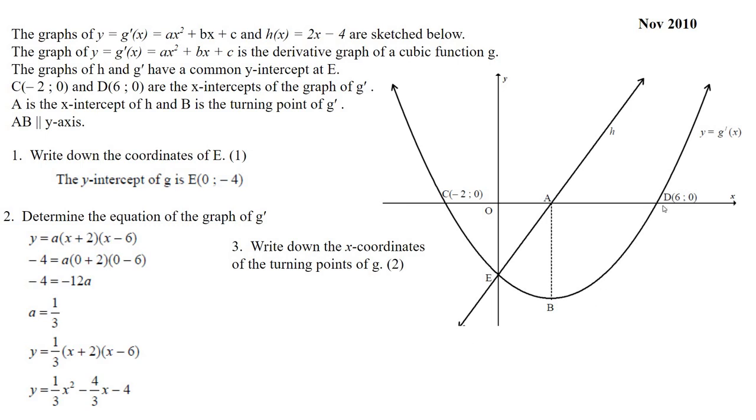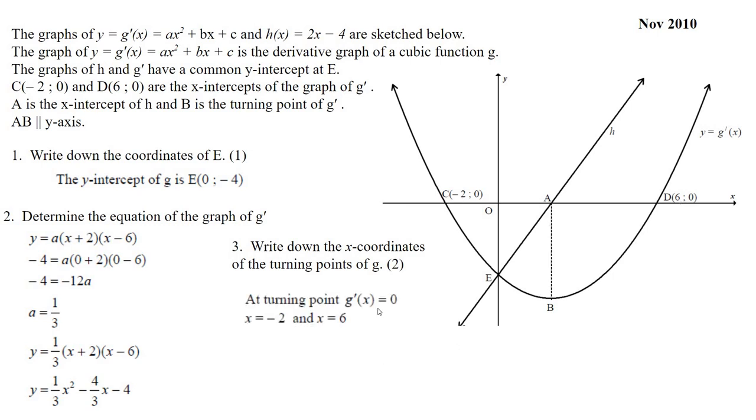Well, that's just a matter of knowing how to interpret this graph of the derivative. The x-intercepts are the turning points, where g prime of x equals 0. So the x-coordinates are just minus 2 and 6, and that's it.